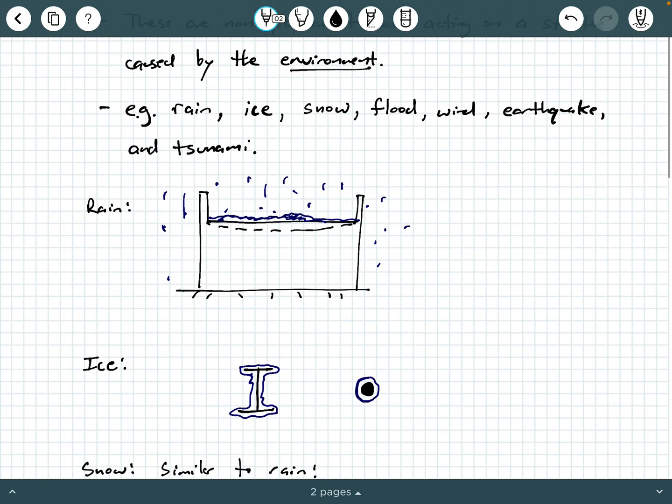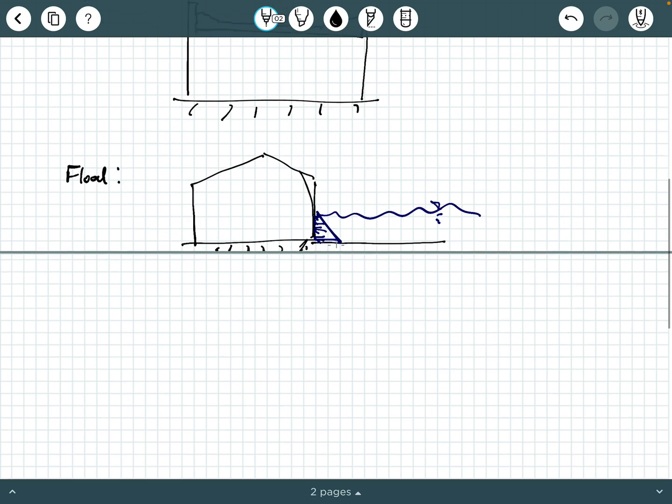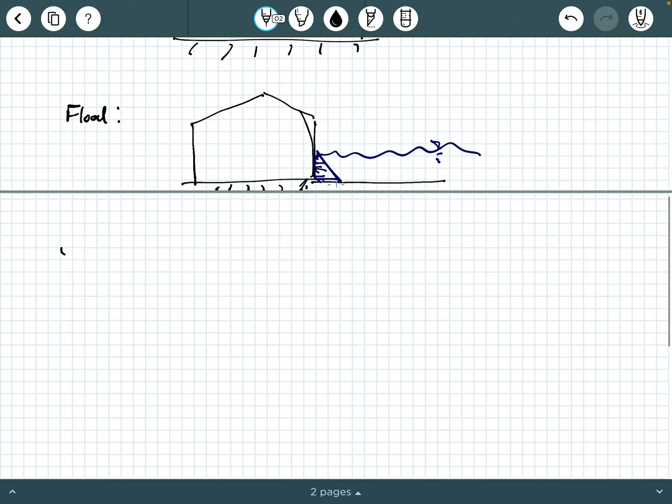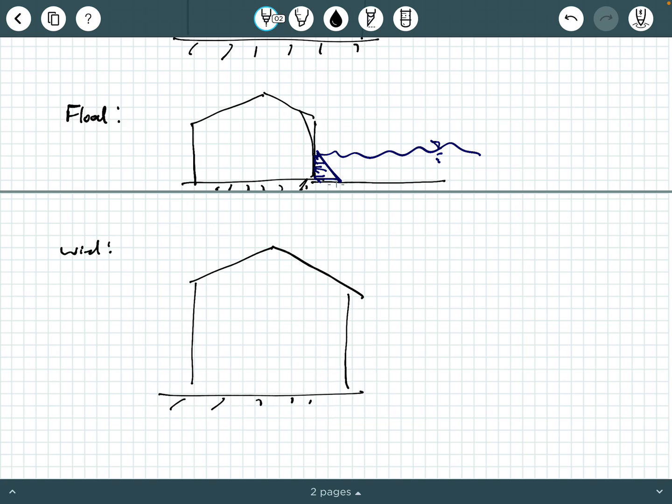Okay. We also have wind, earthquake, and tsunami. So wind is an obvious one, right? So if you have a wind load, you could have a structure here, and whenever you have high winds, that's going to place loading on your structure, and usually you have a windward and a leeward side.